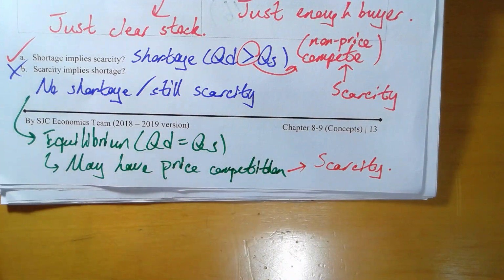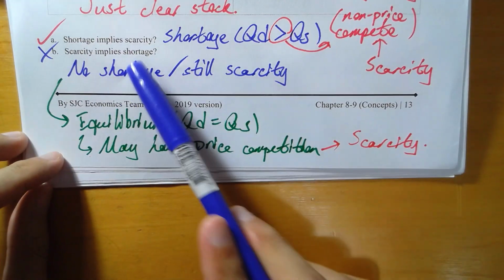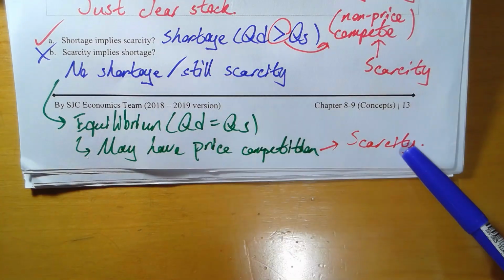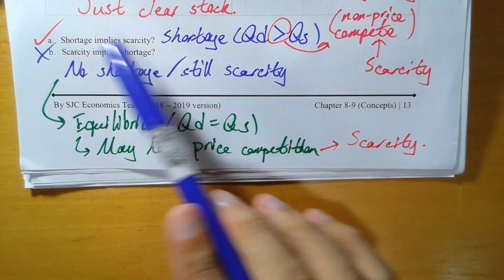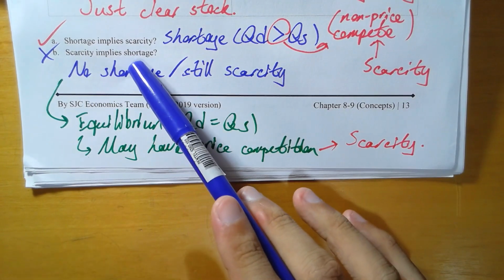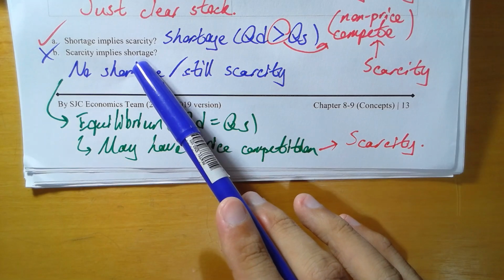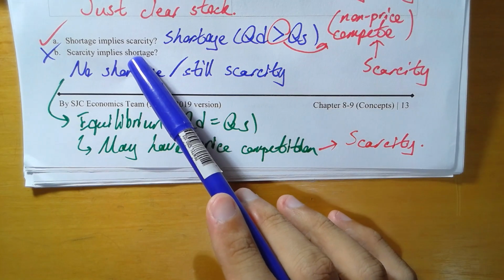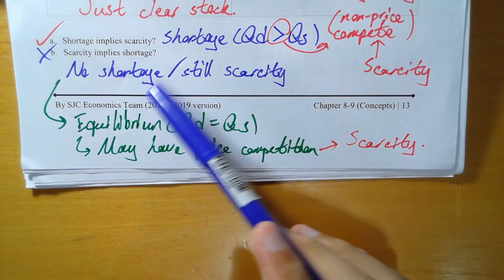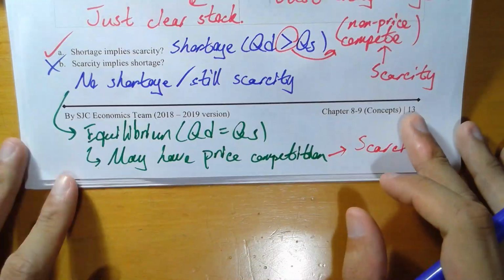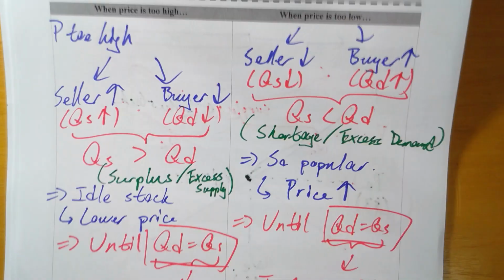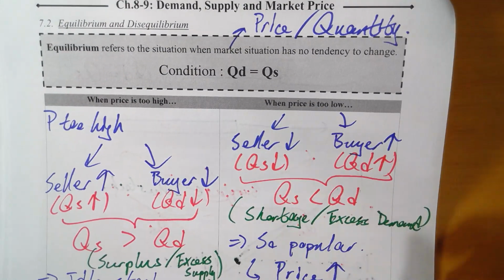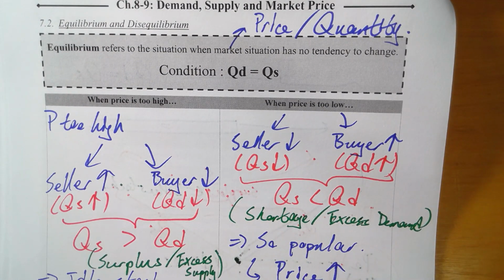So we have already proven it. Equilibrium, no shortage. But even no shortage, we can still find scarcity right here. So scarcity does not necessarily implies there is a shortage. Okay, 得唔得？So I think this is so much for all our theories concerning equilibrium and disequilibrium when price is way too high or way too low. Now let's use the remaining time to look at some examples.